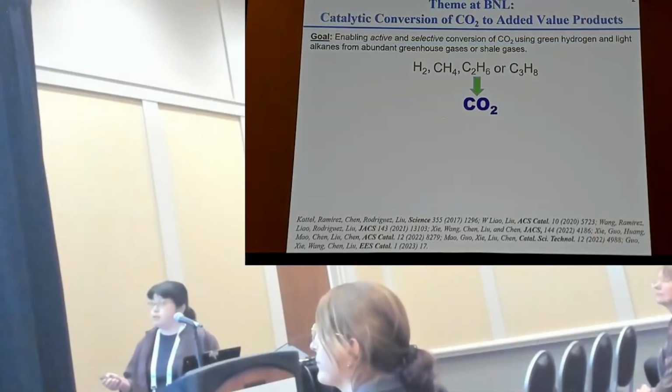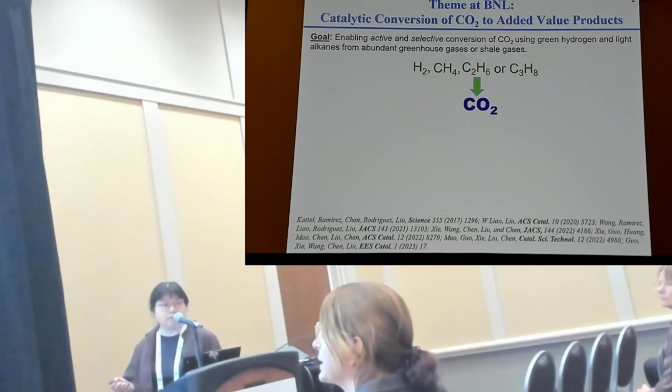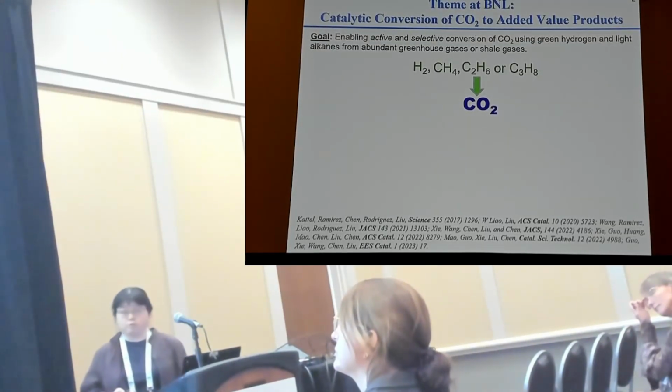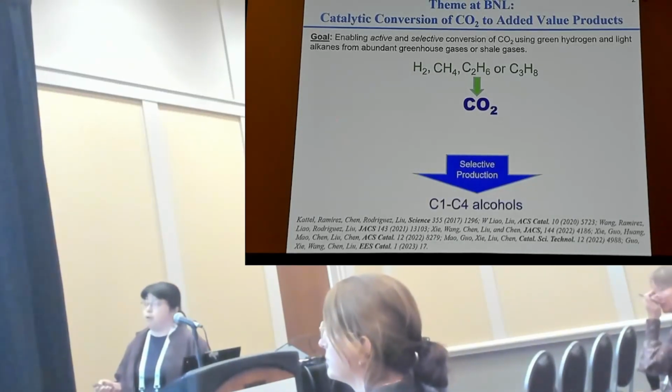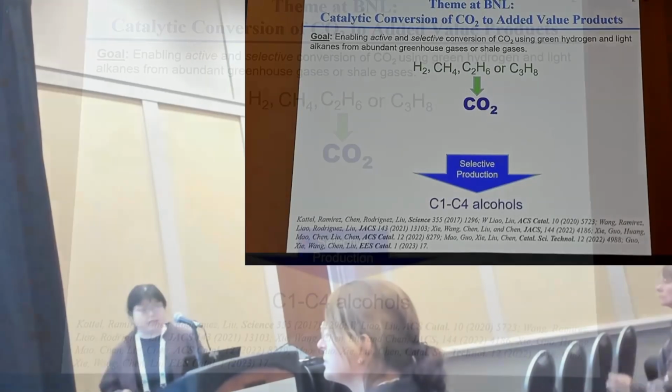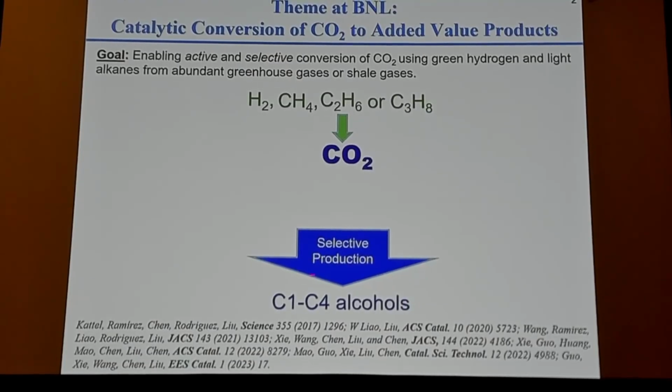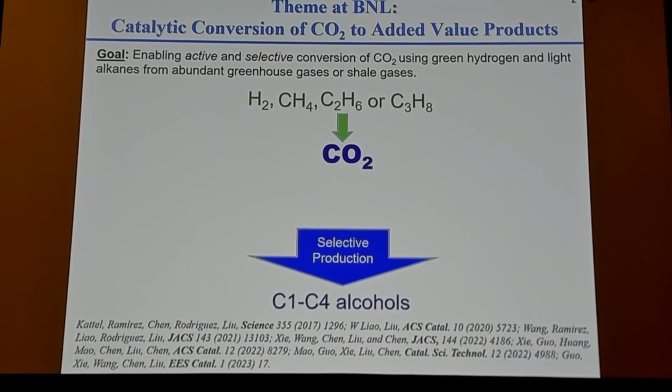One of the focuses is finding a good catalyst which can increase the conversion of CO2. But more importantly, we're also interested in the selectivity, which in some sense is more important than conversion. Specifically, we focus on selective reduction of the outputs.